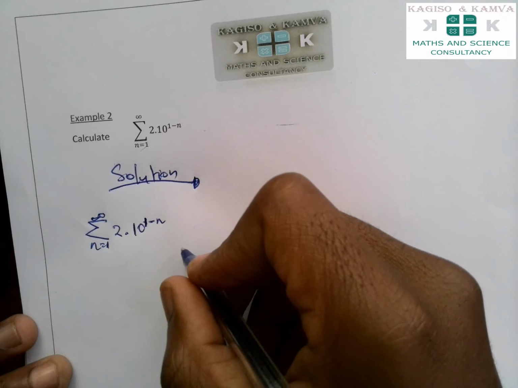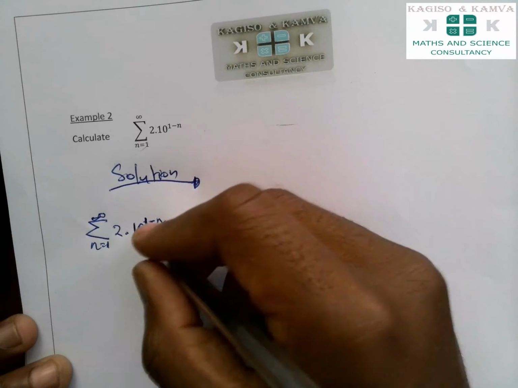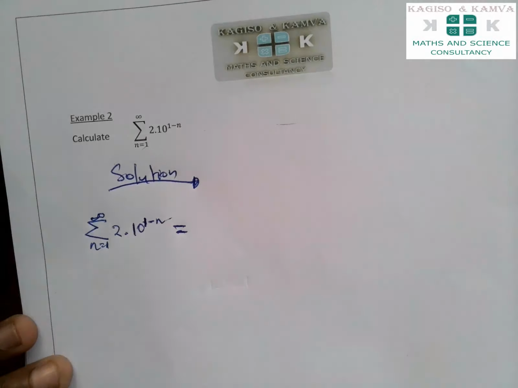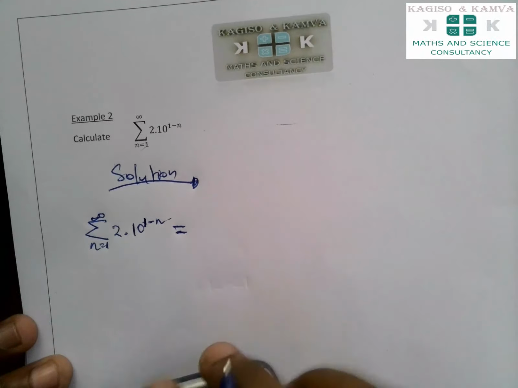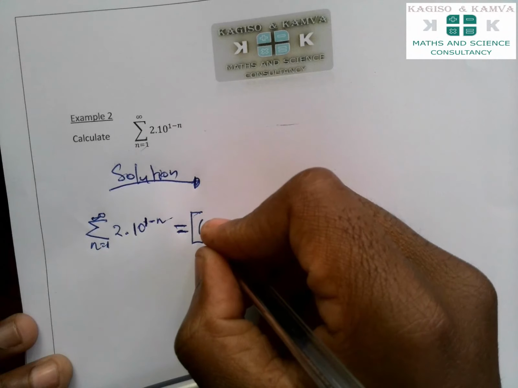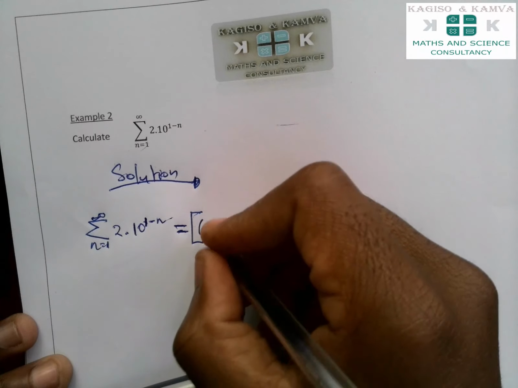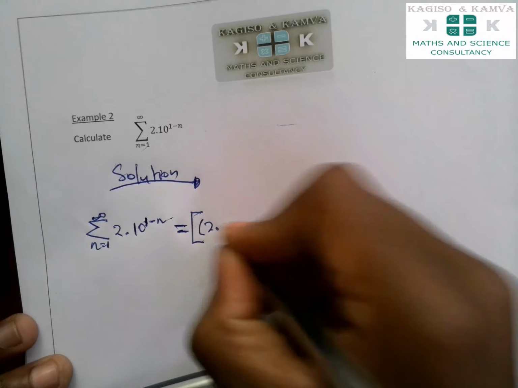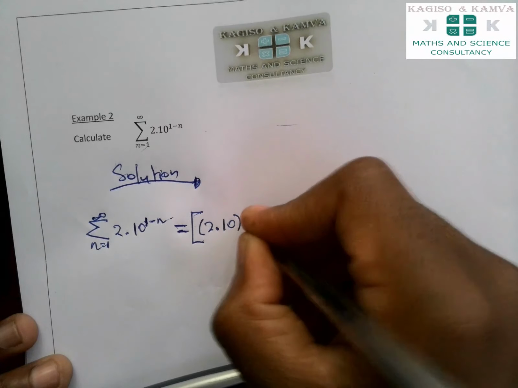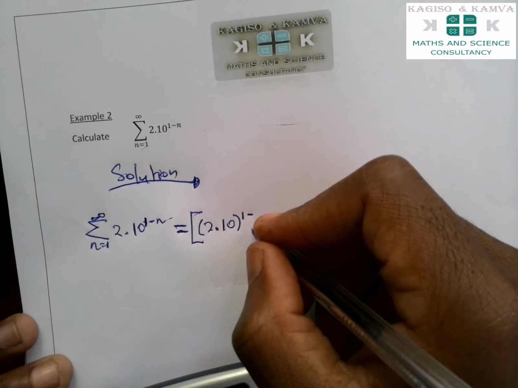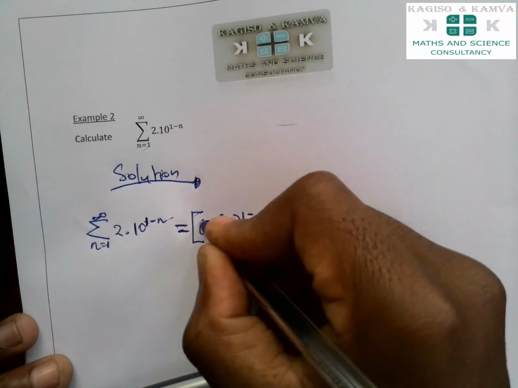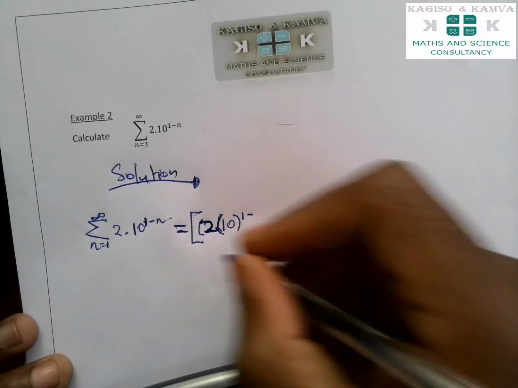We start by substituting 1 there. This 2 is supposed to be outside the bracket.